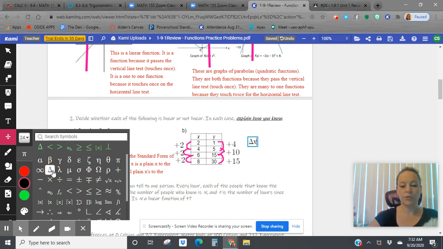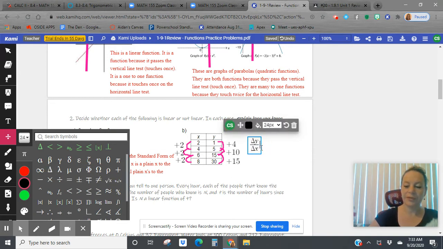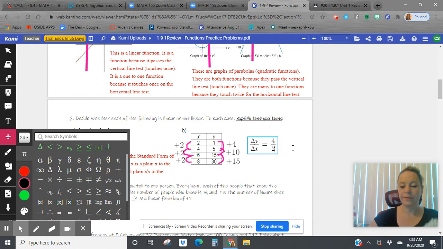So the change in y over the change in x, that's what gives us our slope, our constant rate. So let's see what we have here. We have a 4 over 2 for the first one. It simplifies down to a 2.